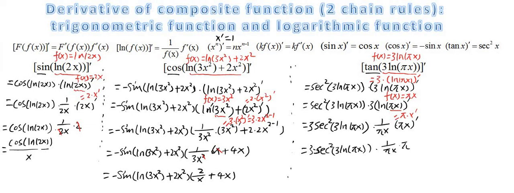Okay, and the pi we can simplify, and we're gonna get 3 secant squared of 3 ln pi x divided by x. That's it.